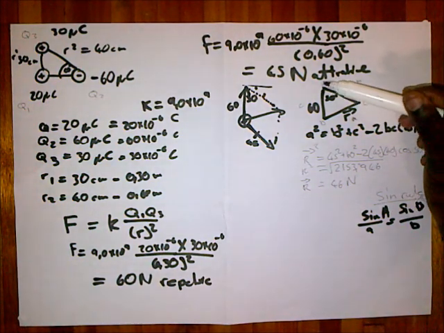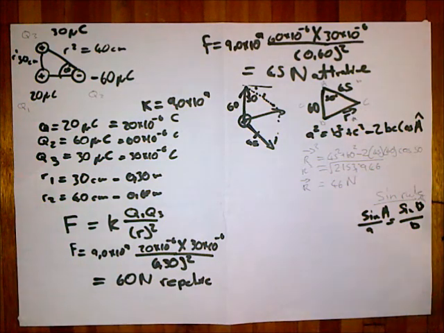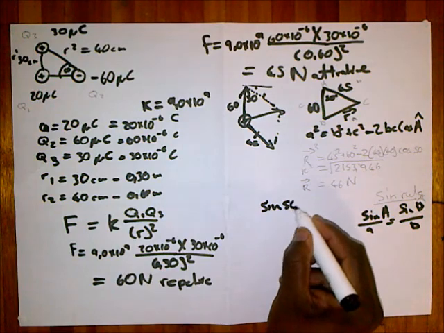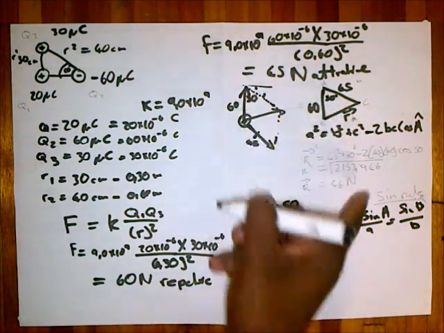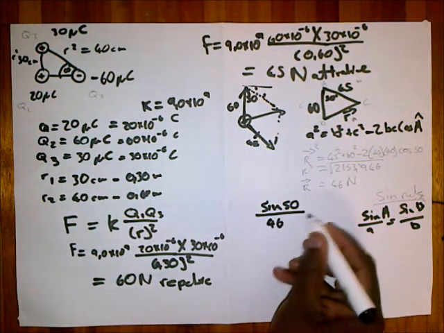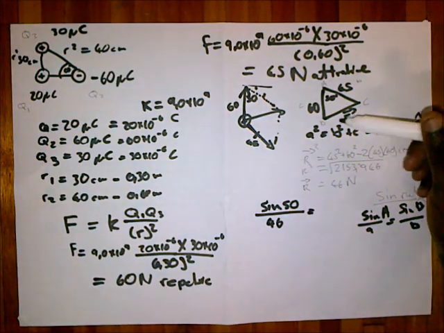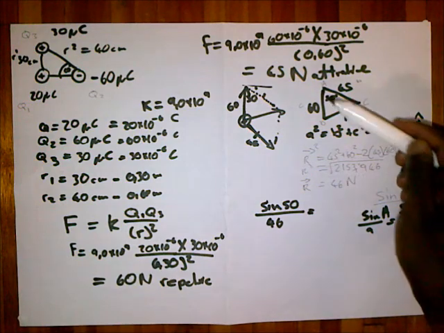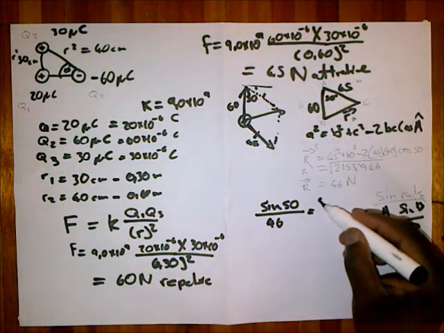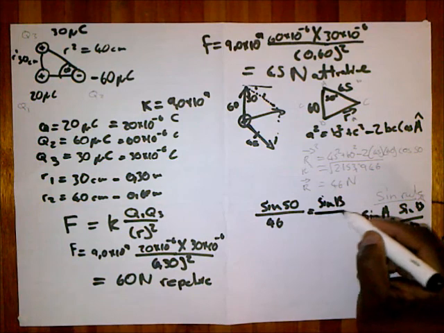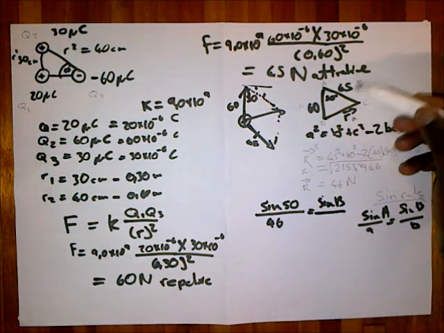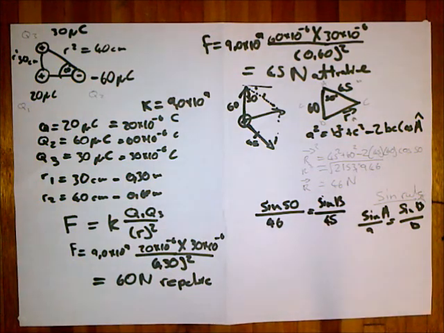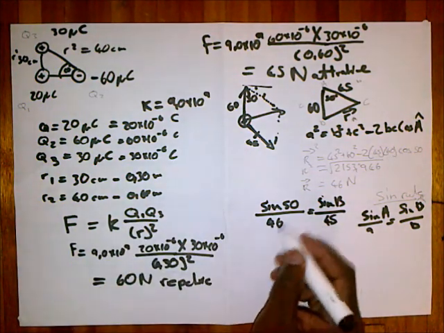We have our angle A and we have the small a. So we say sine 50 over 46 newtons equals sine B over 45, small b, which is 45. We're looking for this angle because we're looking for the direction. We already got the magnitude, now we need the direction.